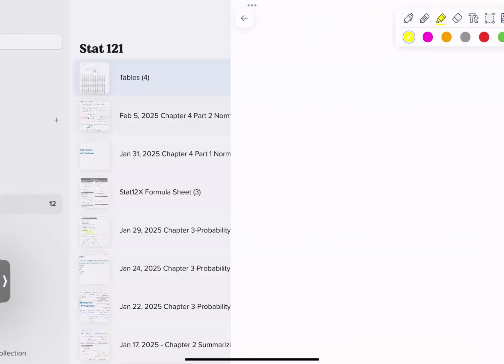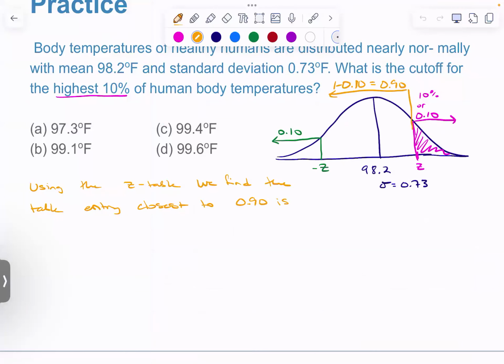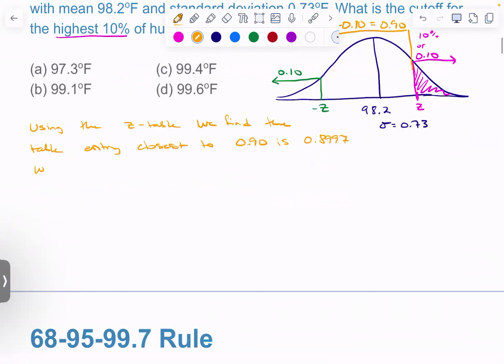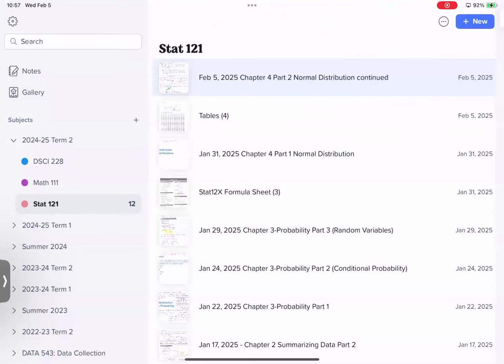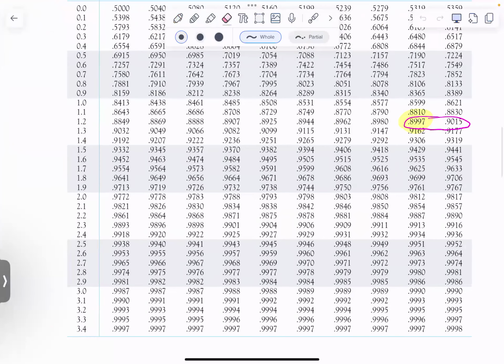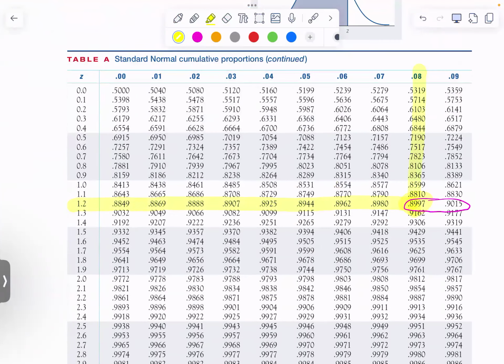Okay. Is 0.8997, which corresponds to Z equal to, let's see. What's funny about doing these problems is you've probably already done it, and me explaining it takes forever.